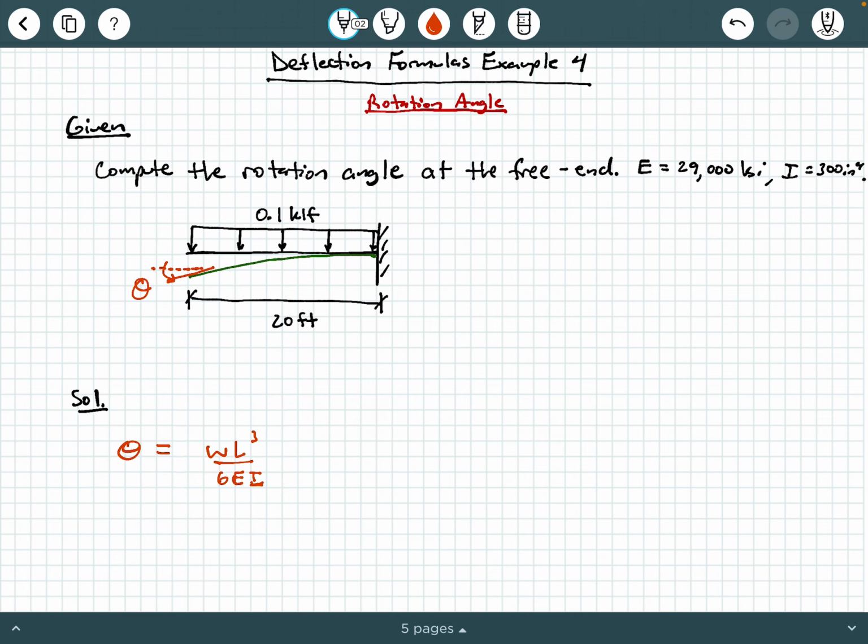Now, depending on what kind of table or what textbook you're looking at, there may or may not be a negative in front here, okay? In any case, what you're looking at here is going to be a counterclockwise rotation, okay? You see, physically, this point is rotating in a counterclockwise fashion, all right?